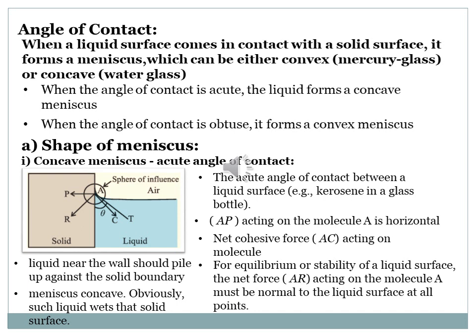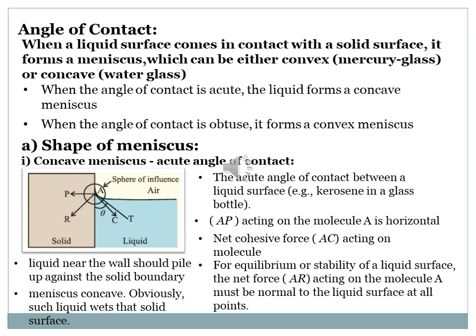So A, you can see in the diagram, A is the point which is in contact with the liquid as well as the solid. Alright, we are going to consider a sphere of influence. We have already studied what sphere of influence is. Sphere of influence is the concept in which the center of that sphere is a molecule itself and the radius is nothing but the range of molecular forces.